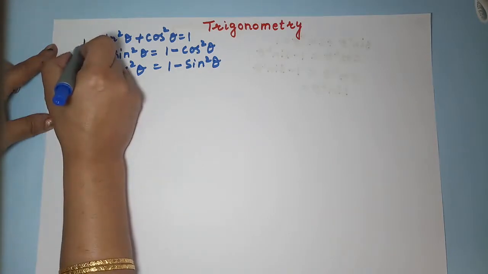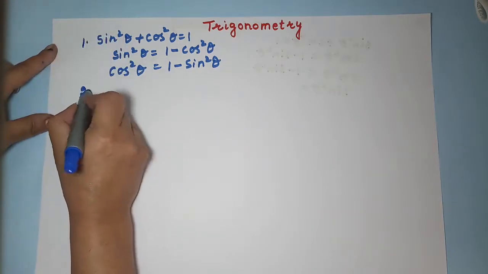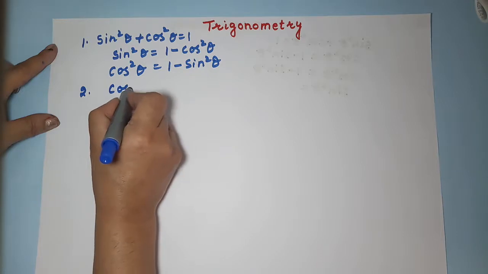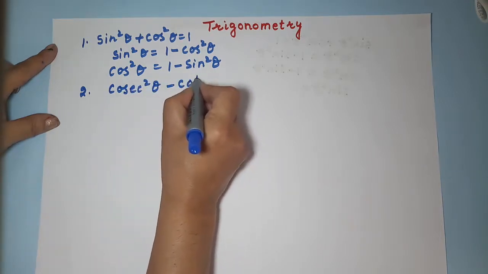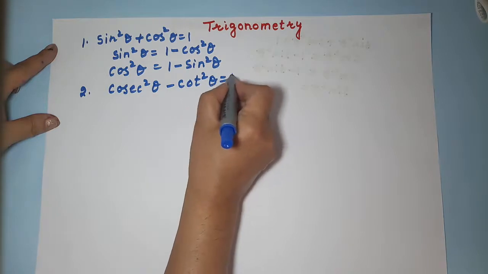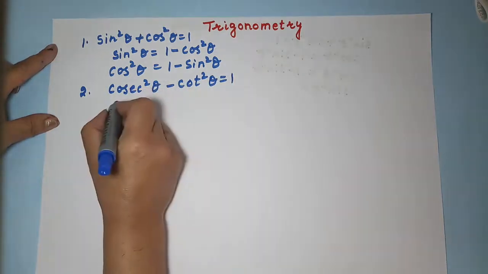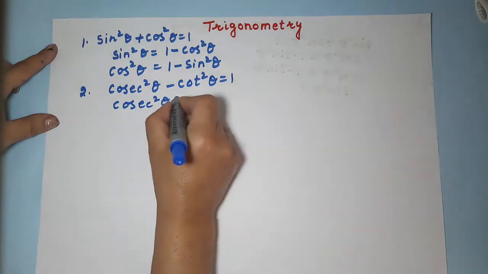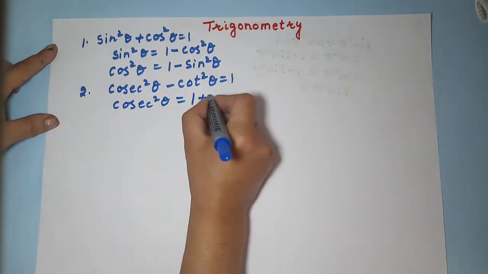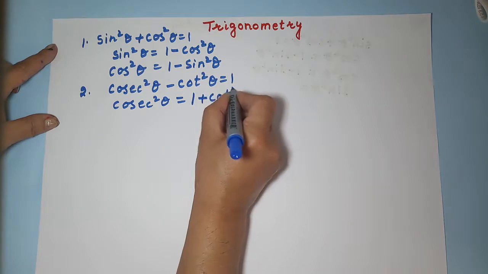Then another identity that we learned last year was cosec square theta minus cot square theta is equal to 1, right? Same here, you can shift this cot square theta to that side, it will become 1 plus cot square theta.